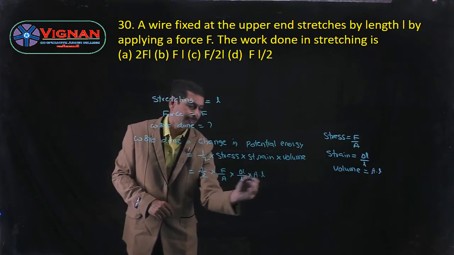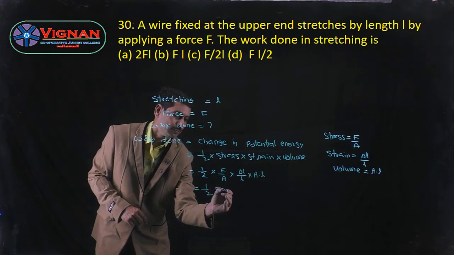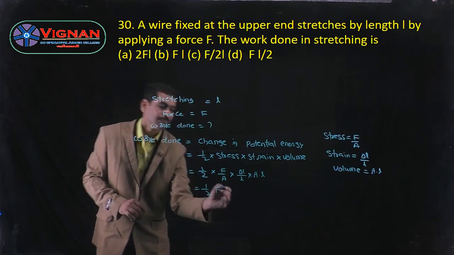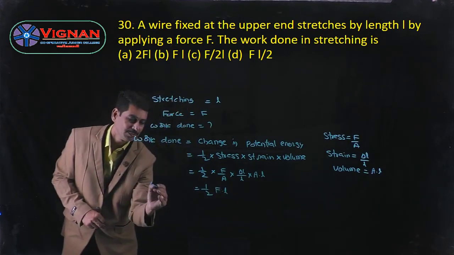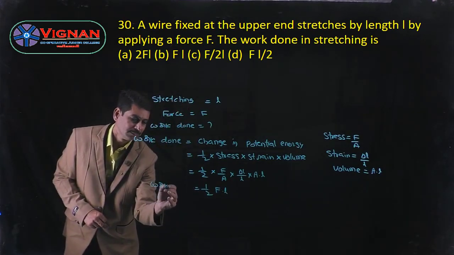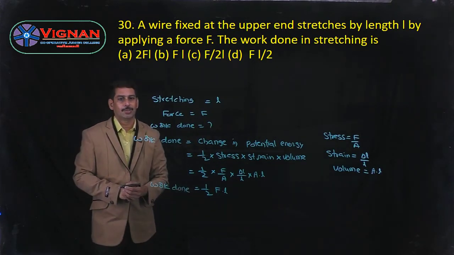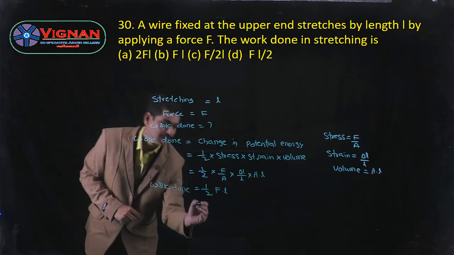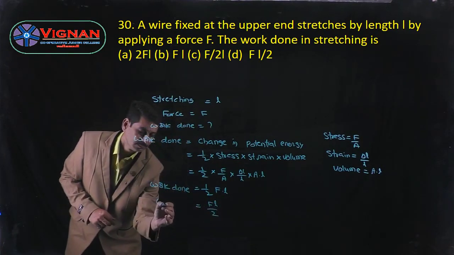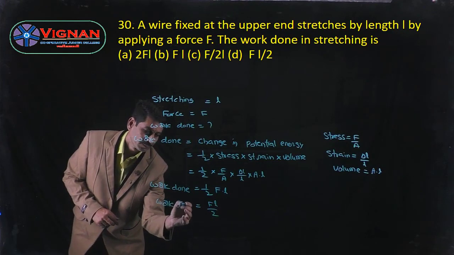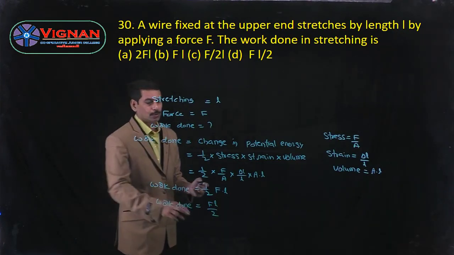Area and length get cancelled, so we get half into F into delta L, and here delta L is given as L. So this is the formula for work done. W is equal to half into F into L, which is FL by 2. This is the work done in stretching the wire.